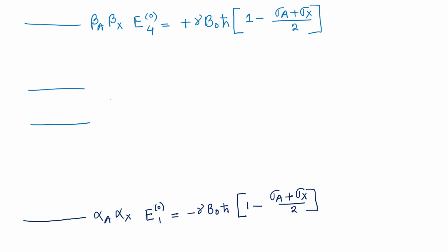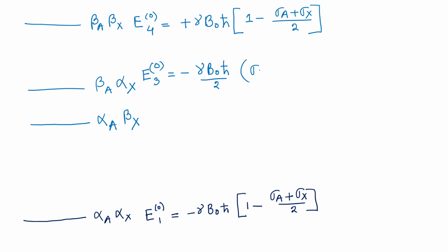So this is not to scale, obviously. This is your beta A alpha x, and this is your alpha A beta x, and this is your third state, and that corresponds to minus gamma b0 h cut divided by 2 and sigma A minus sigma x.